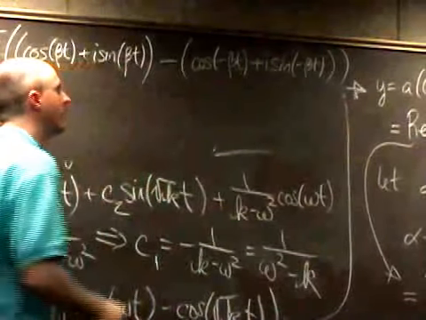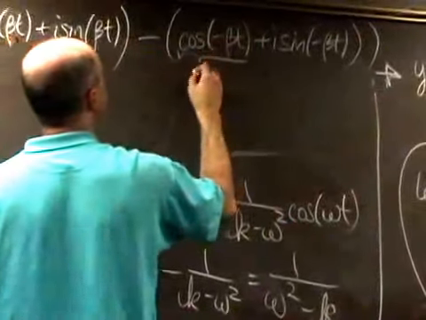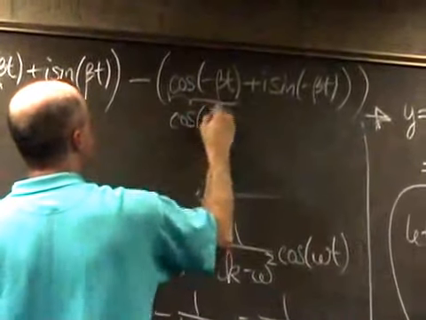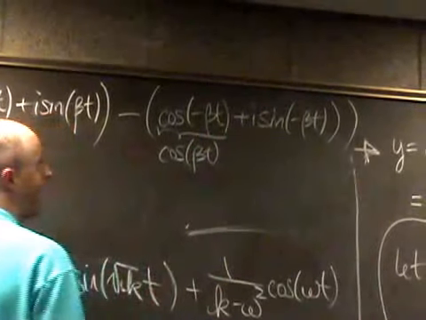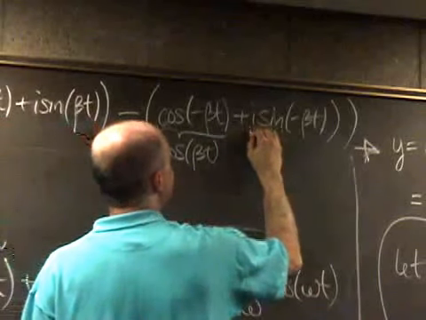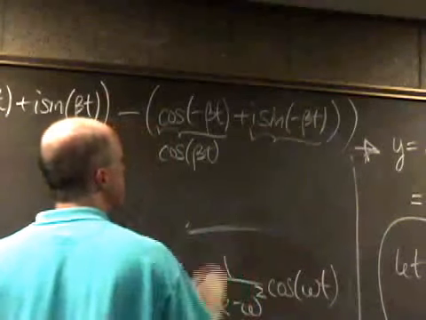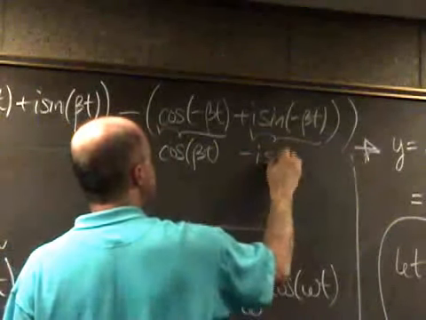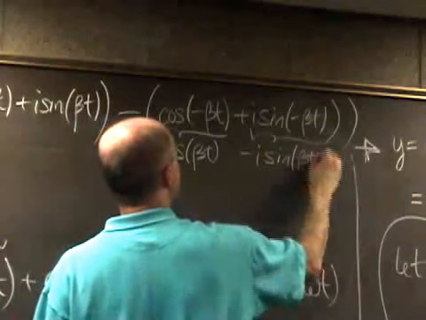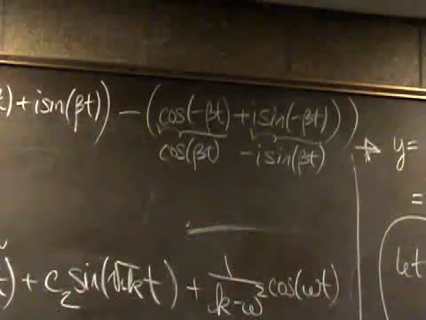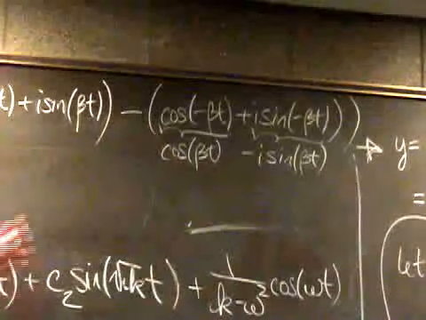Cosine is an even function, so cosine of negative beta t is the same as cosine of beta t. Sine is an odd function, so i sine of negative beta t is negative i sine of beta t. And now I get a little bit of cancellation.